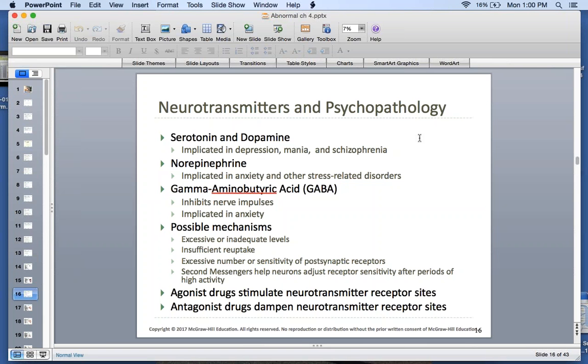When we talk about serotonin, when we talk about dopamine, when we talk about what's going on in the brain, we really want to note that each disorder has brain activity involved with it, and often some malfunctioning of brain activity.